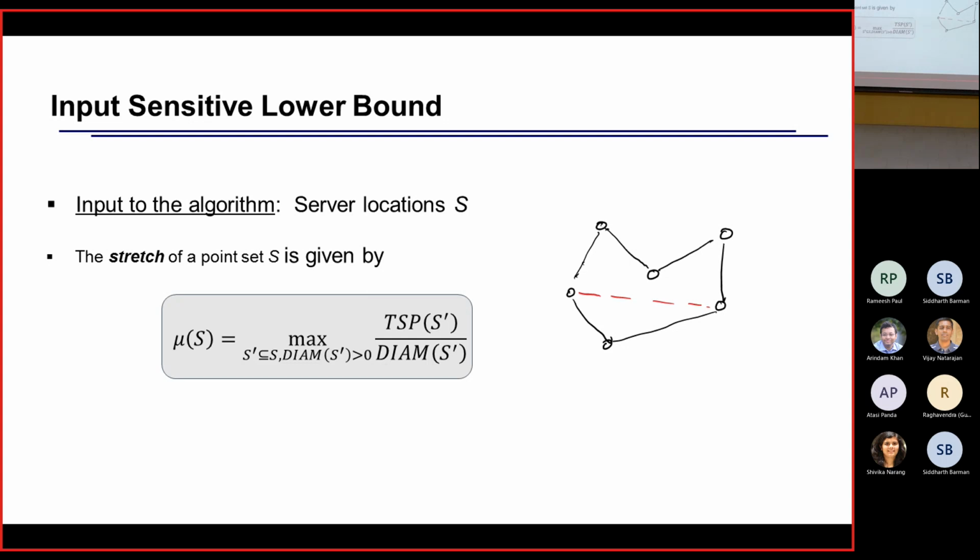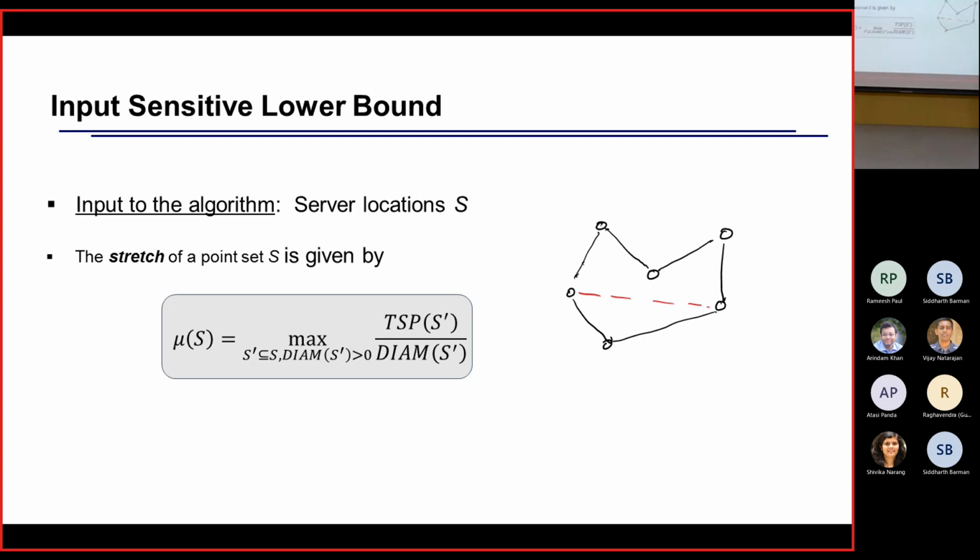Okay. So what do I mean by input sensitive? Maybe I describe that first. So in this problem, the very initial input you get is the set of server locations, n server locations. That's what's given to you. And I'm going to define the stretch of a point set to be basically this quantity here.